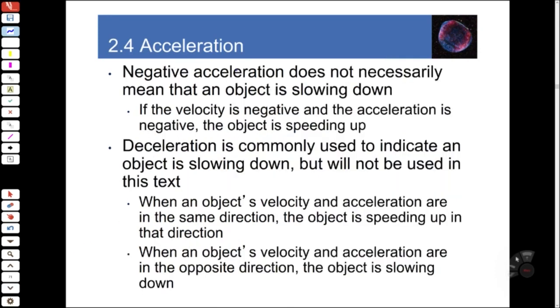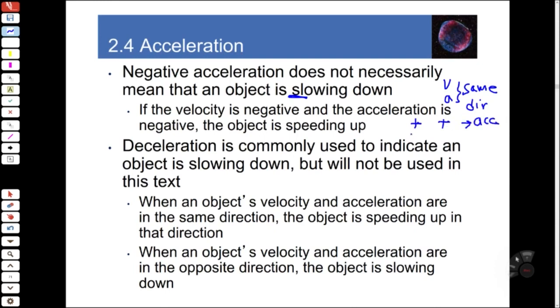A negative acceleration does not necessarily mean that the object is slowing down, because if the velocity is negative and the acceleration is negative, then the object is speeding up. So if the velocity and the acceleration are in the same direction, both plus or both negative, the object is accelerating.